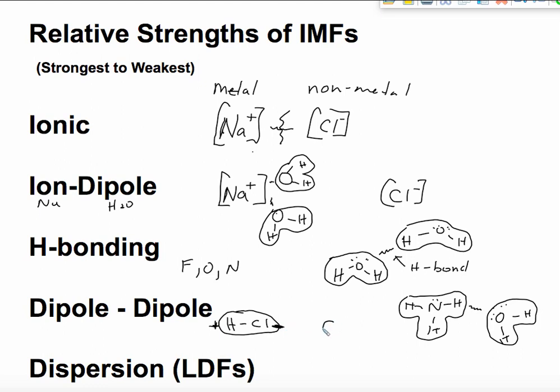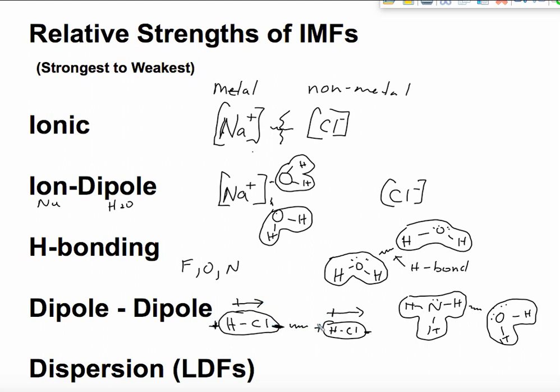Well, if another HCl came along, here's another HCl. This side over here is going to be positive and this side is going to be negative. Well, this negative would attract this positive. And they call it a dipole, and sometimes they draw these arrows they call dipole moments that would go like that. They always point to the most electron density.